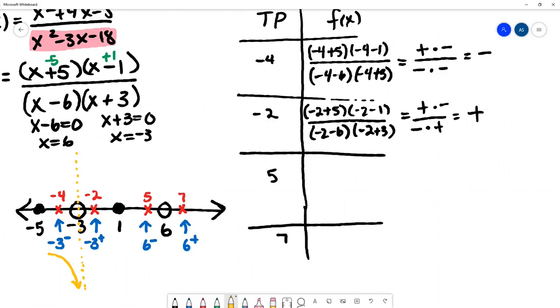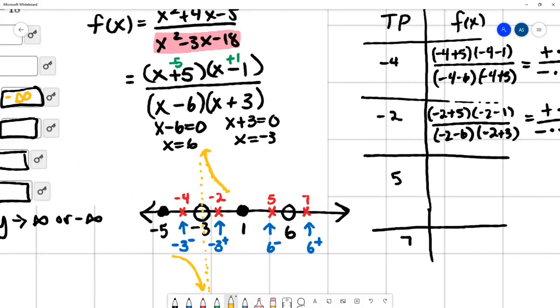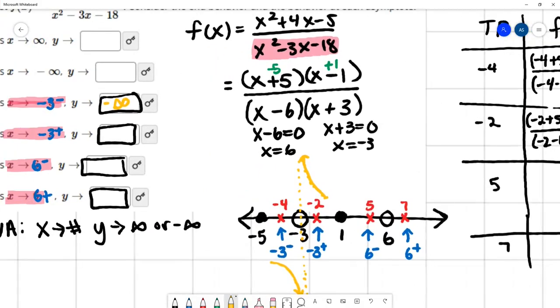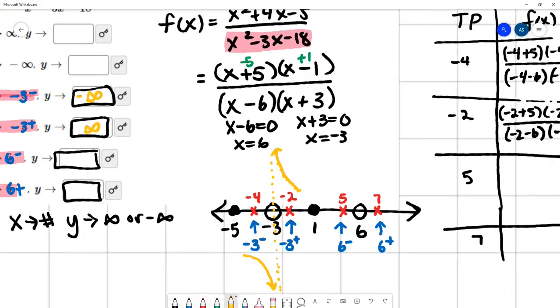So that means on the right side of that asymptote, I'm going to go to positive infinity, and when x approaches -3 from above, we go to positive infinity.